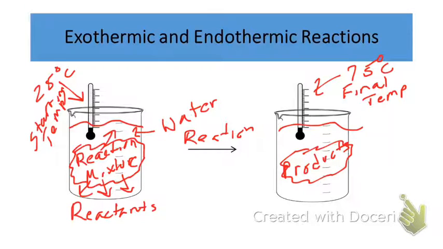Okay? So heat is being released. So essentially, we could say that delta Q, which is heat, is negative here. Well, if it's a negative delta Q, what kind of reaction is this? Exo or endo? Well, it's got to be exothermic.